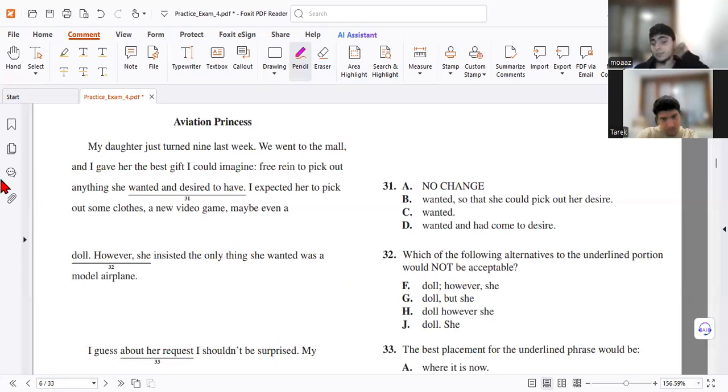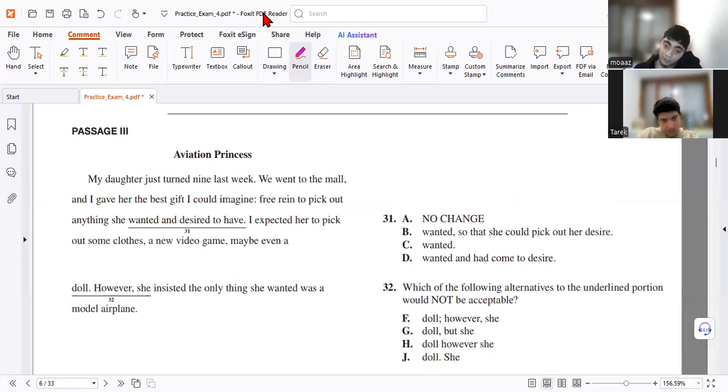No. 31. C. Correct. For 32, I think it's F. Letter what?